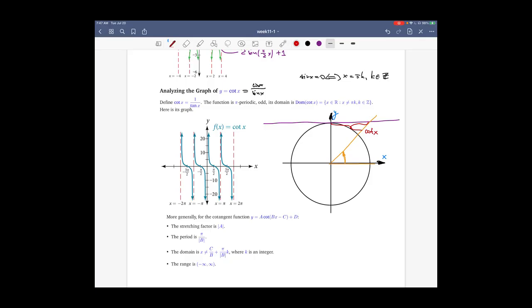We can easily see that because, again, by the similarity of triangles, OAB and triangle OCD are similar, and in triangle OCD, this angle here is x.